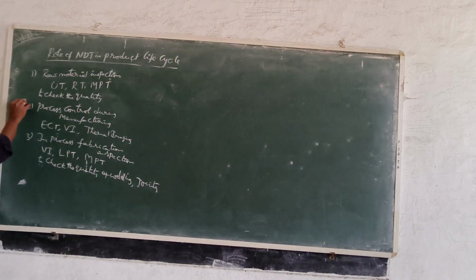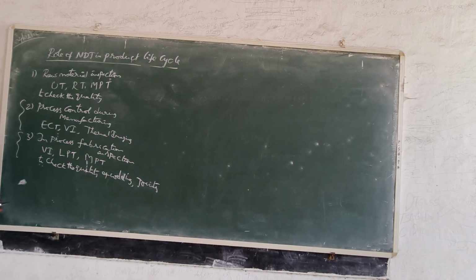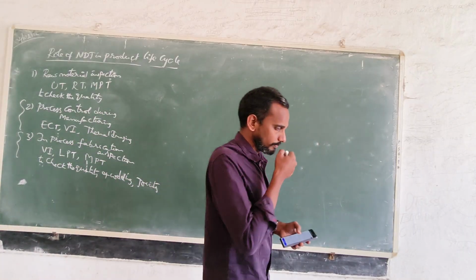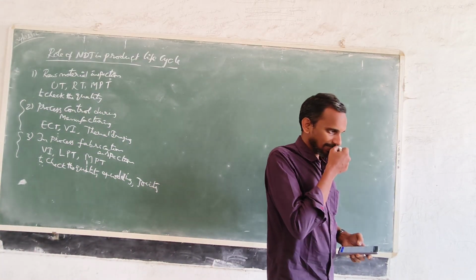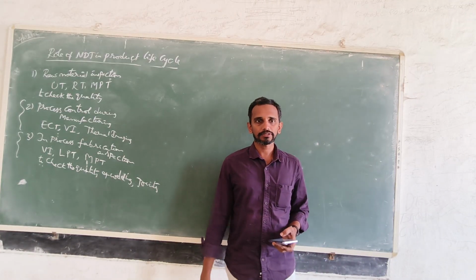So here we are trying to control the process, and the other purpose is to check the quality of the product during manufacturing. Certain things require monitoring during manufacturing. Like, let's say when you are cooling down steel, its brittleness changes based on temperature.